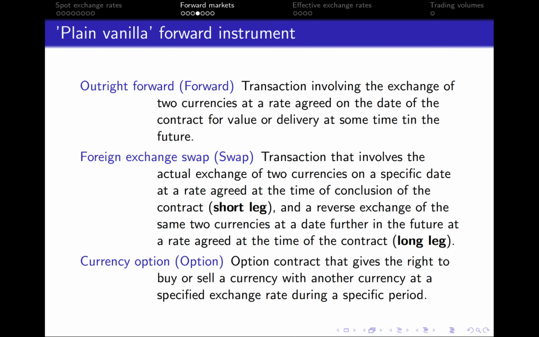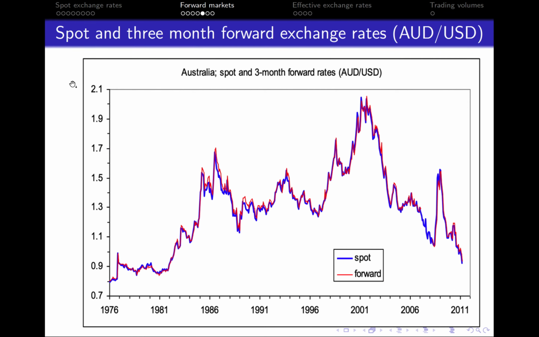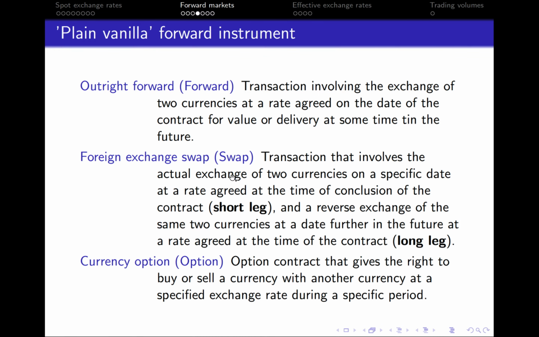Okay, the second instrument is called foreign exchange swap. And look, we're going to call it swap for short. This instrument is made of two parts called short leg and long leg. Let's discuss them in turn. So look, this is a transaction that involves an actual exchange of two currencies at a specific date at a rate agreed at the time of conclusion of the contract.